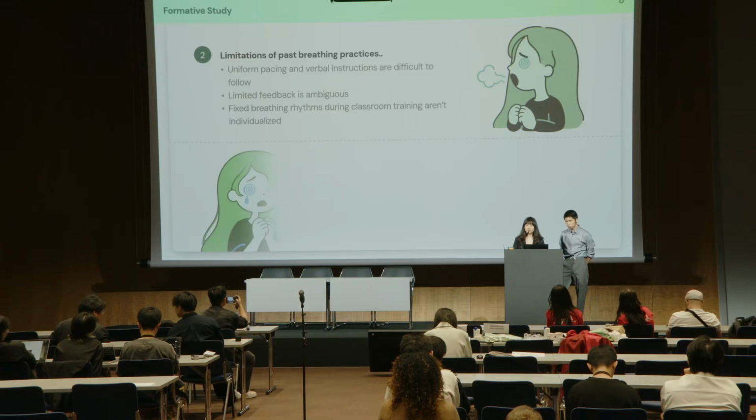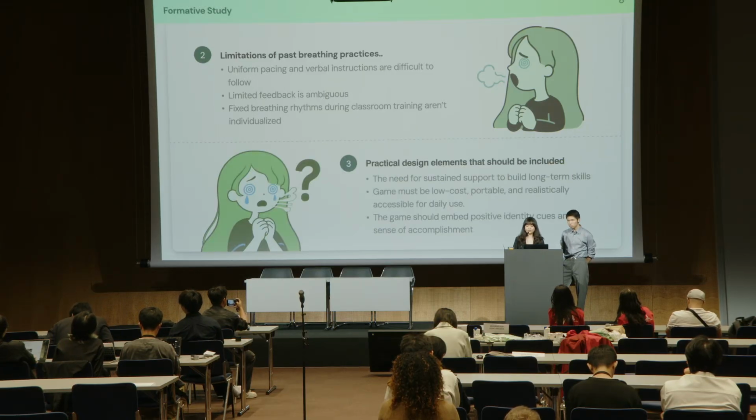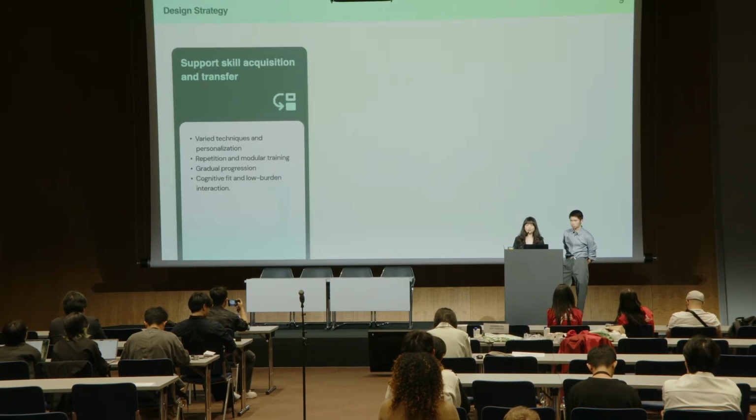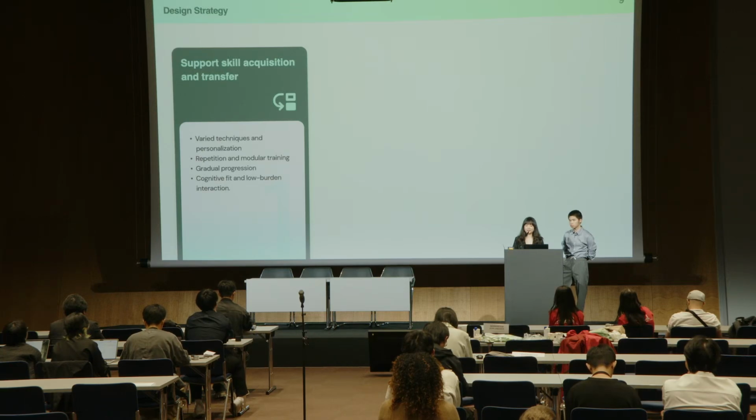We also found that long-term support, accessibility, and positive identity building were key elements we had to include. From our formative study, we proposed 3 design strategies. First, it must support skill acquisition and transfer, which is done through multiple techniques: repetition, gradual progression, and low-burden interaction.